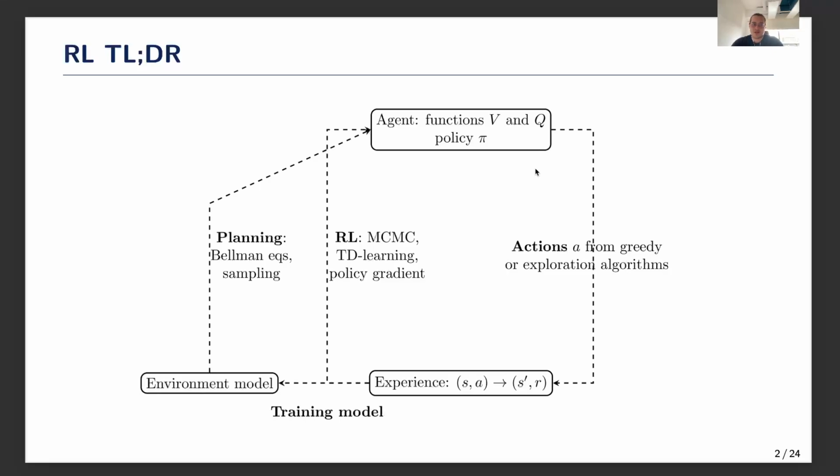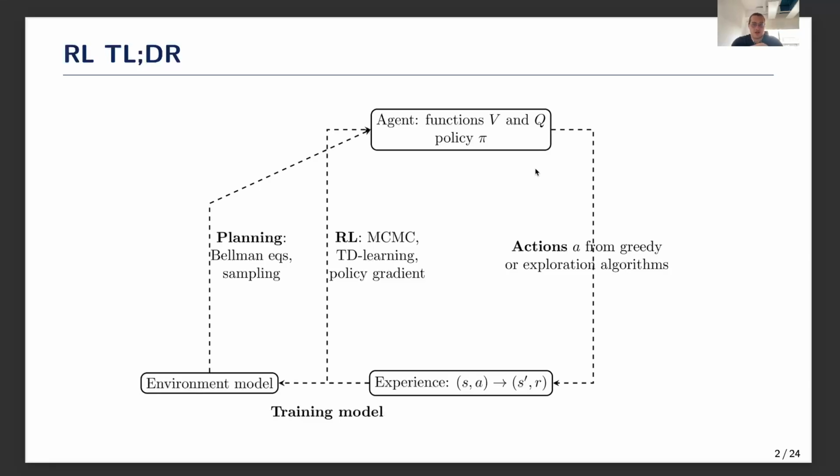There are two main ways the agent can learn its policy and value functions. It's planning and reinforcement learning. So planning is more model-based, and reinforcement learning is a model-free approach. So let's explore each one.